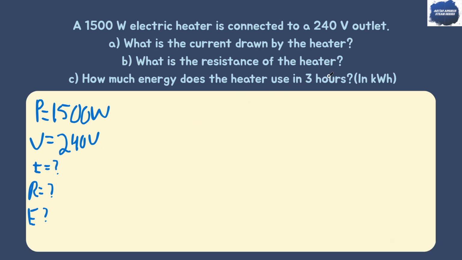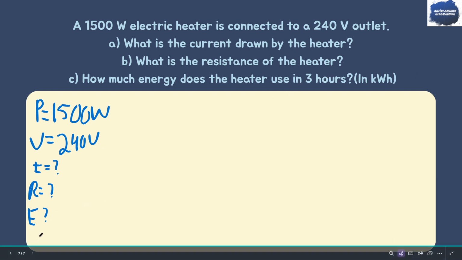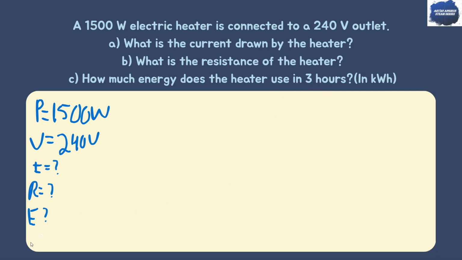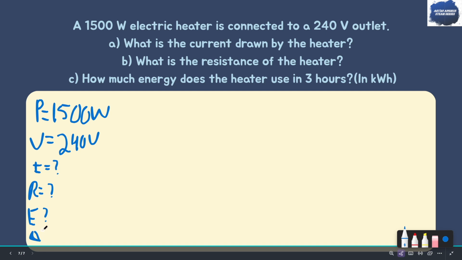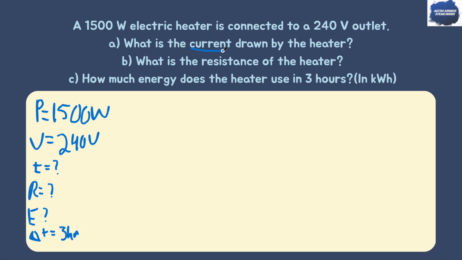We actually already have delta time too. It's saying how much does the heater use in 3 hours. We have delta time, which is equal to 3 hours. There we go. We'll first tackle current.